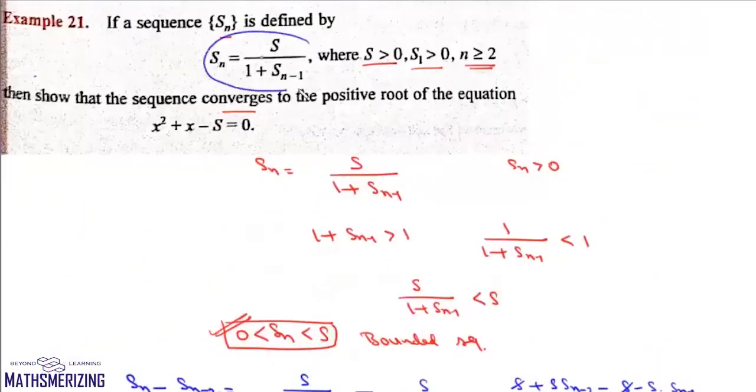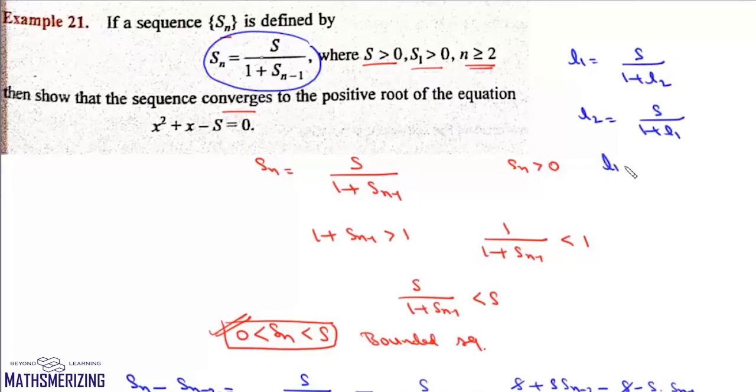Then from this condition we can write L1 equals s upon 1 plus L2 if n is odd, and L2 equals s upon 1 plus L1 if n is even. Now we compare these two, we'll get L1 plus L1 L2 will be equal to L2 plus L1 L2. Now L1 L2 will cancel, so we'll get L1 is equal to L2.